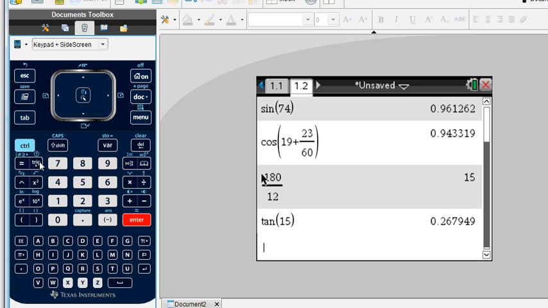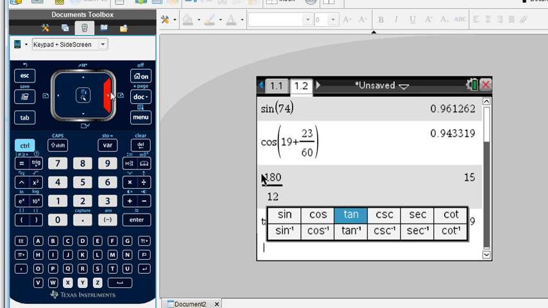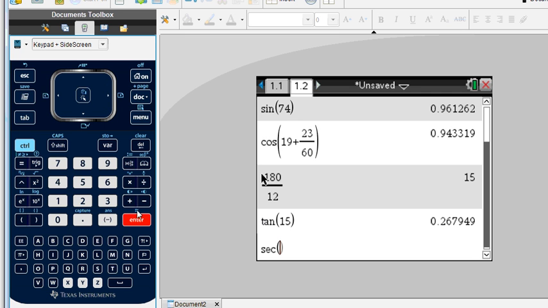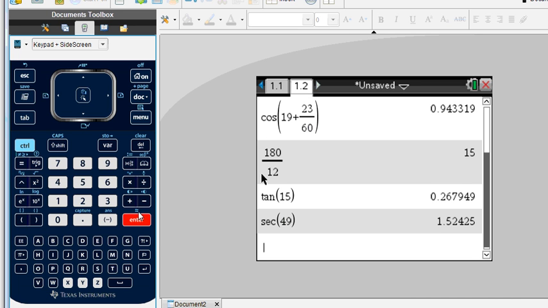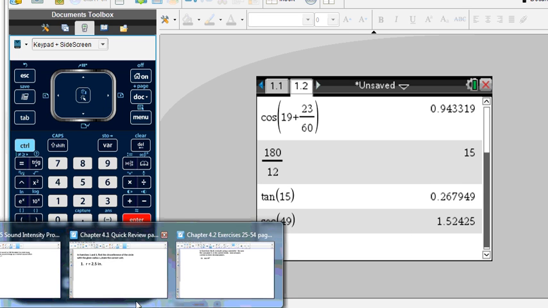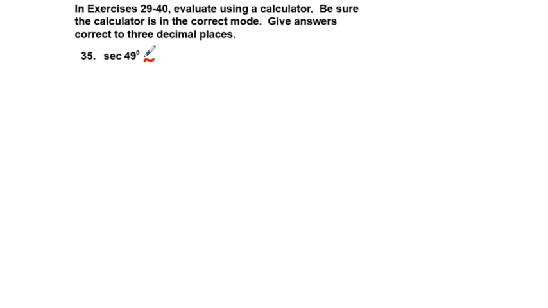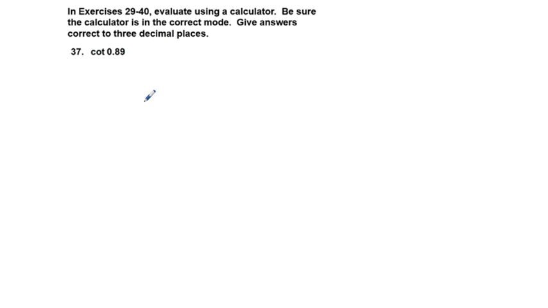Secant 49 degrees, so we go to our trig button and go to secant, and we put in our 49 degrees, and we get 1.524 rounded to the nearest 3 decimal places. Pretty straightforward.